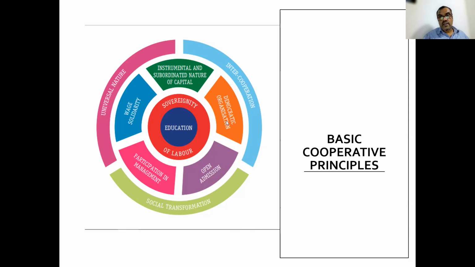Then democratic organization: opportunities are given to everyone. Open admission, very clear, with no identities. You see, we maintain these identities even within departments and universities. Take your degree program. We belong to the university, right? So everyone in this university should behave with that sense to uplift the value of the university.